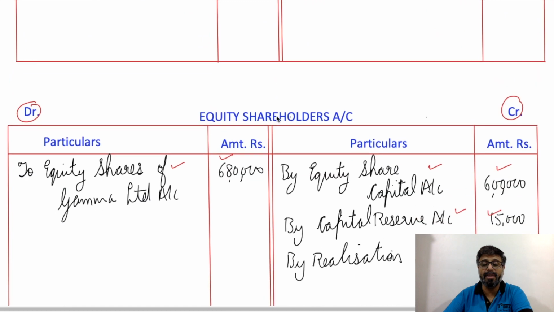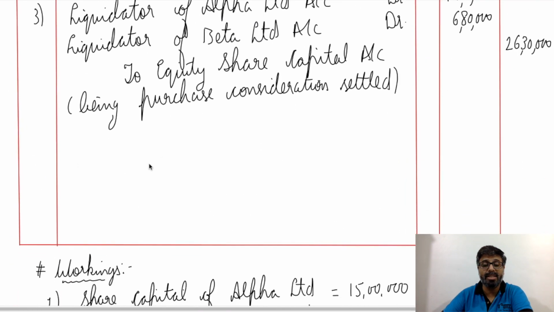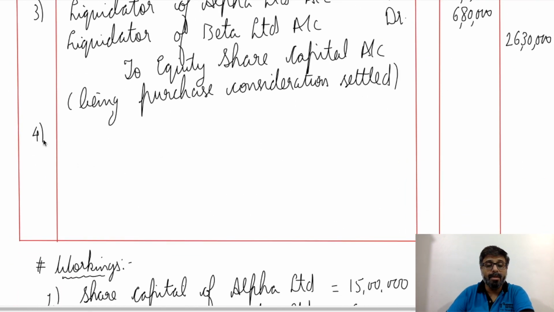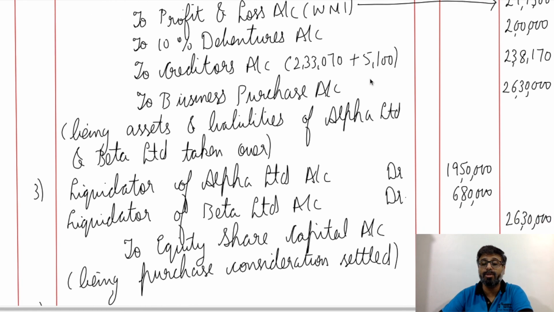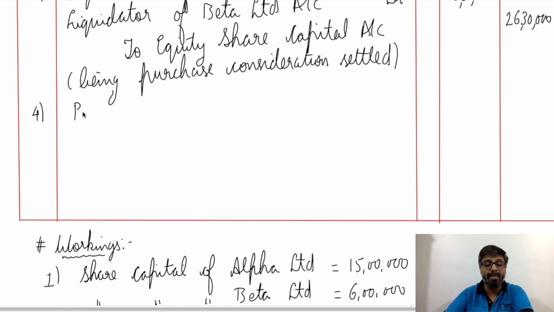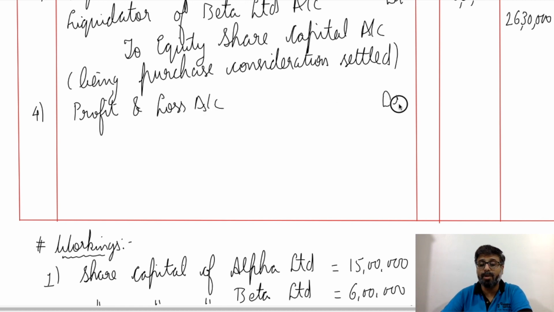For this the entry will be, as it is the pooling of interest method, reserves or P&L account debit. Here P&L account debit. This P&L account we will use in paying the expenses. 294360 is the balance available. So write down profit and loss account debit for the expenses which are incurred. Profit and loss account debit 15,000, the amalgamation expenses incurred.